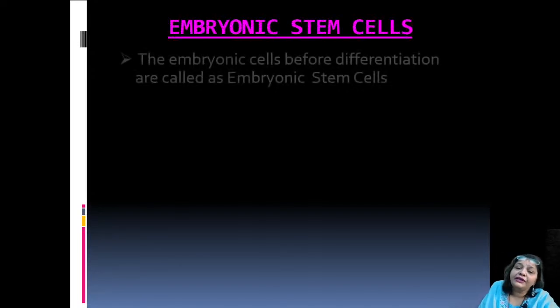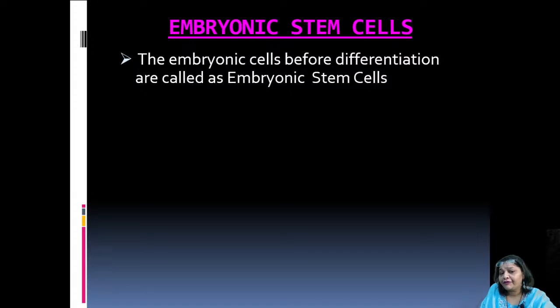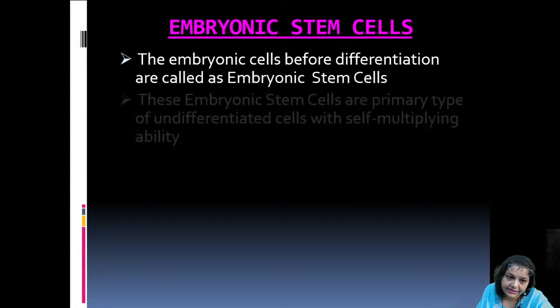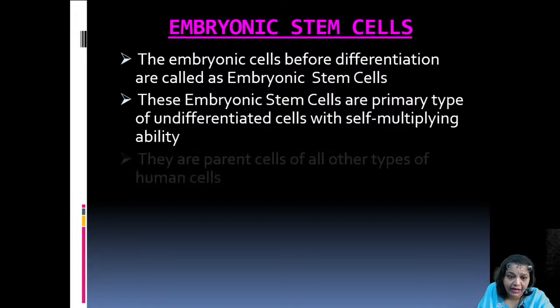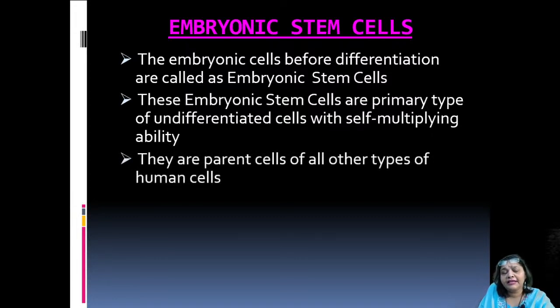So these embryonic cells before differentiation are actually called the embryonic stem cells. These embryonic stem cells are the primary type of undifferentiated cells. They have the capability of self-multiplying. That is, they can undergo mitotic cell division on their own.